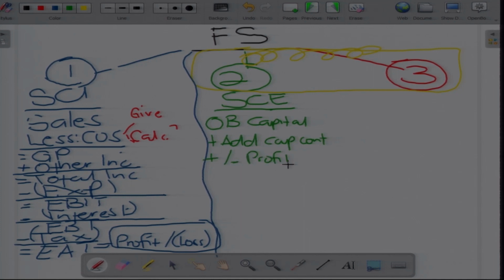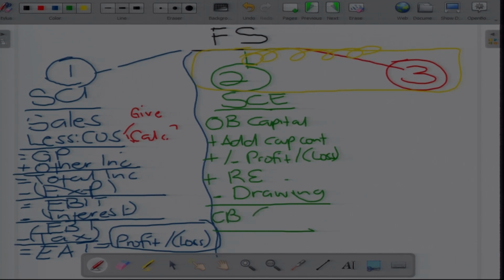So you will add if it's profit, or you will minus if it is loss. Plus retained earnings if you have, and then you will minus drawings will equal to your closing balance capital. Now this is your equity amount.